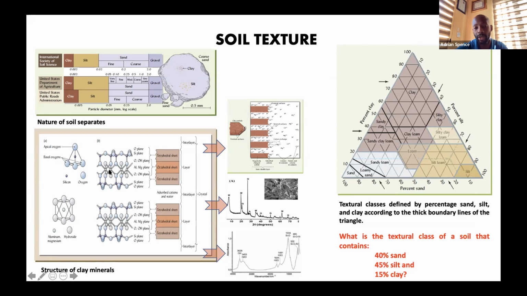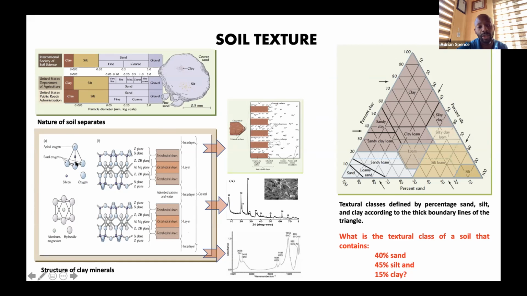You have what you call the 2-to-1 clays, and you also have your 1-to-1 clays. They're given this nomenclature because clays are made up of a silicon tetrahedron and an aluminum octahedron, which is pictured here.